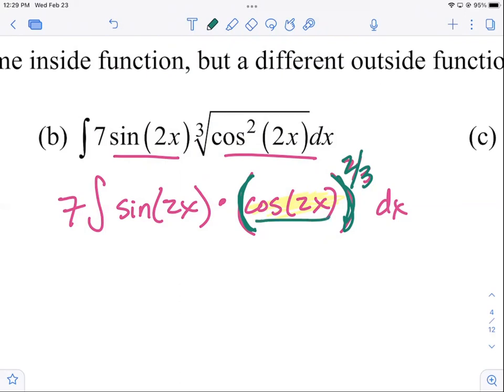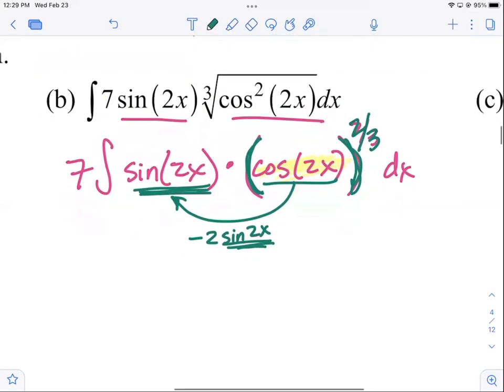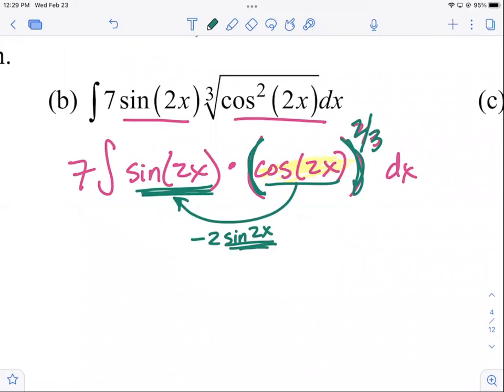The derivative of cosine of 2x is negative 2 sine of 2x, just like before. And once again, we get the critical variable part, which is what we need. We're only off by a negative 2 once again. So it means we've got it. So 7 goes along for the ride, a correction of negative 1/2.